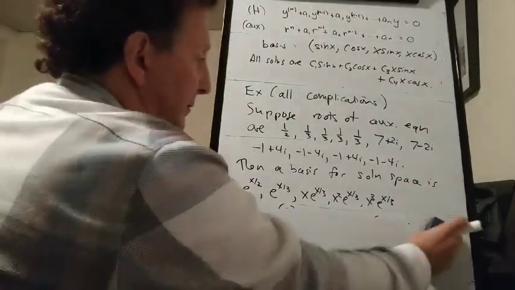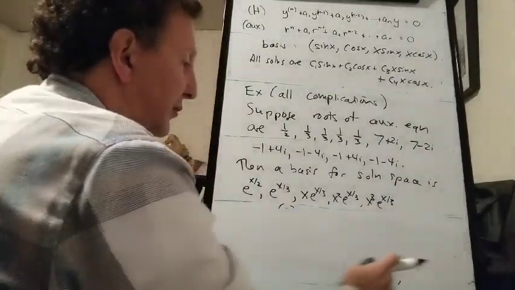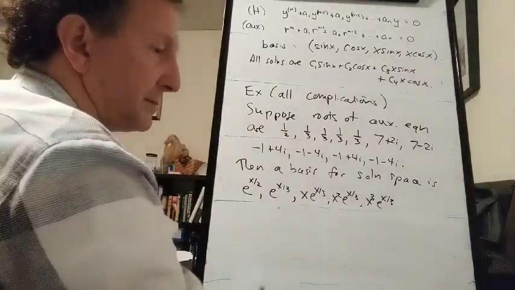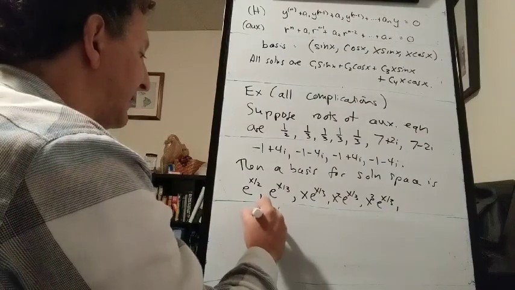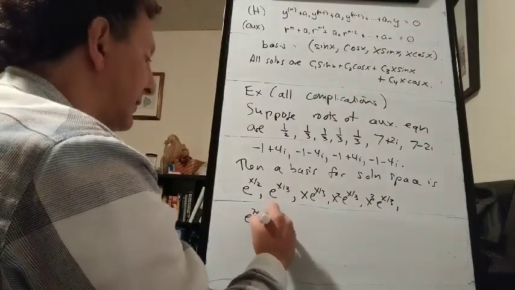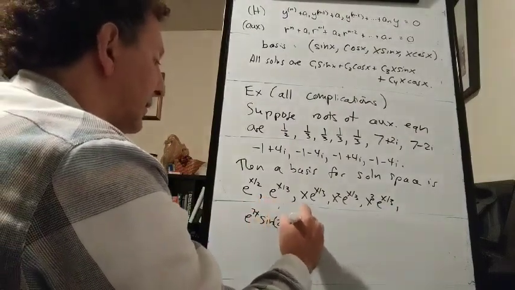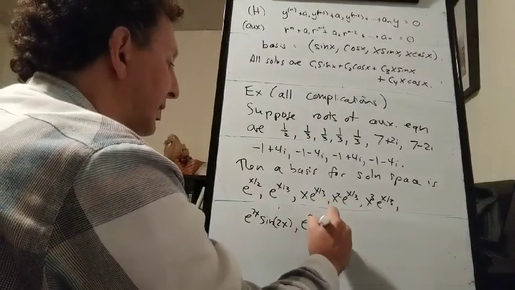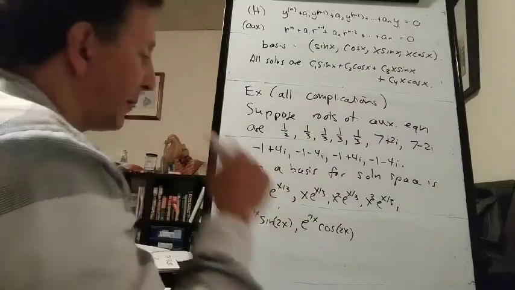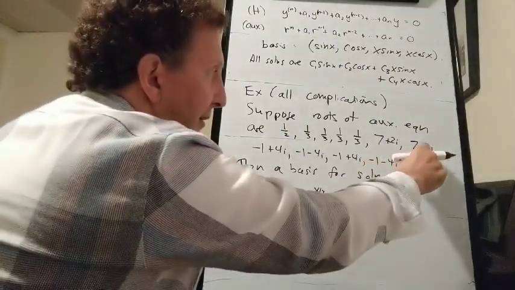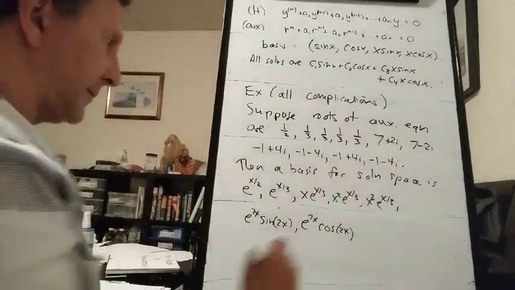Then the pair 7 plus and minus 2i comes up once. So we have e to the 7x sine 2x, e to the 7x cosine 2x. Remember, there's no i in here. We just take the coefficient of the i.